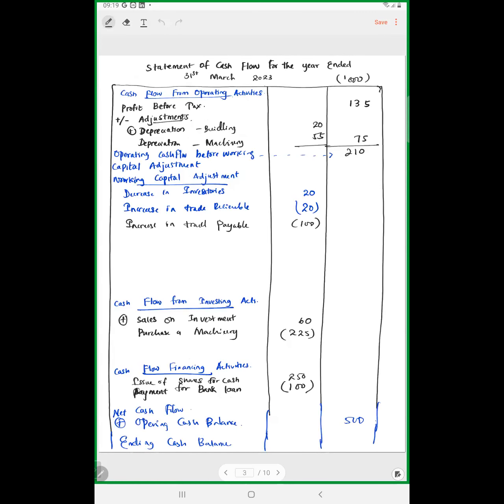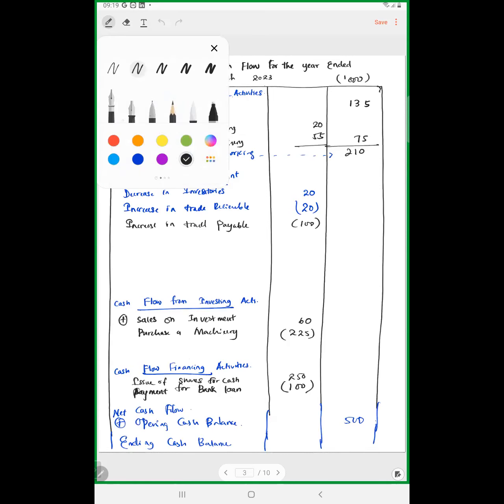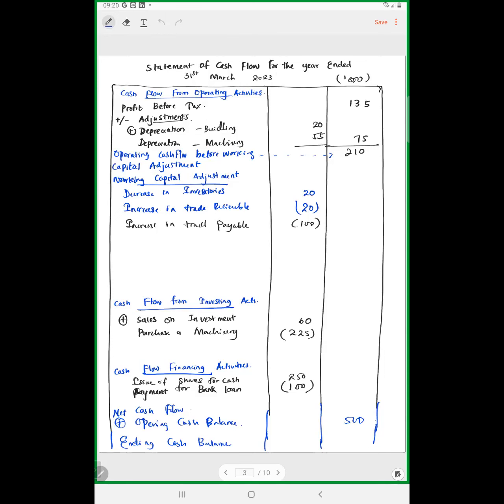Right, so where do we record that amount? Yes, now we can settle the amount. Cash generation from operations is 110.